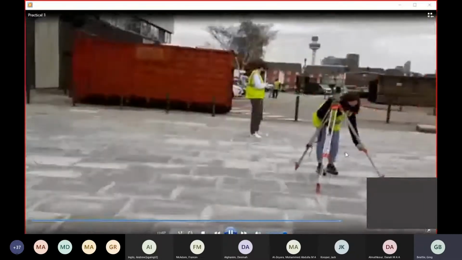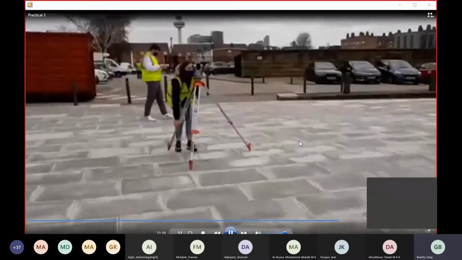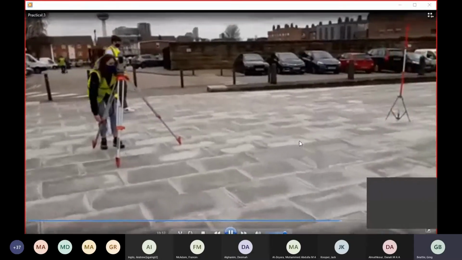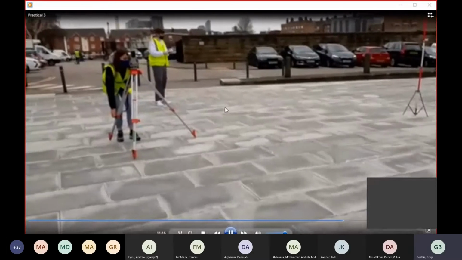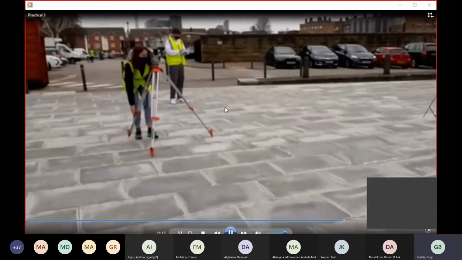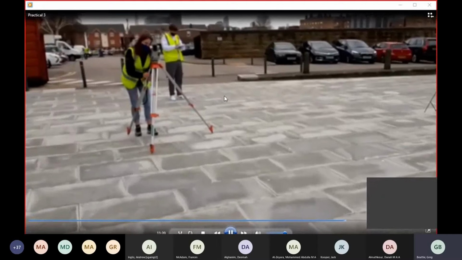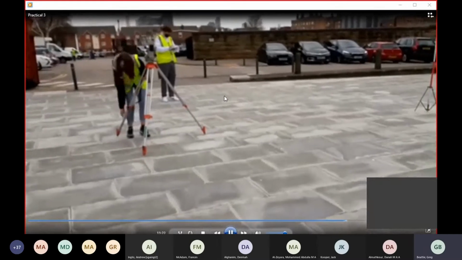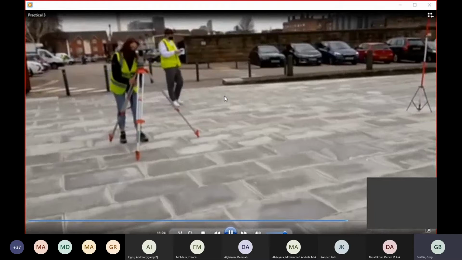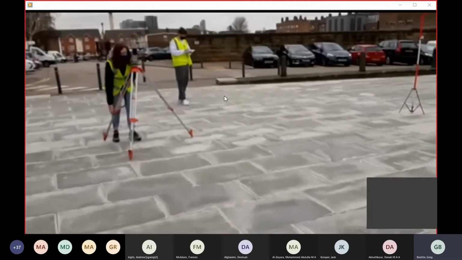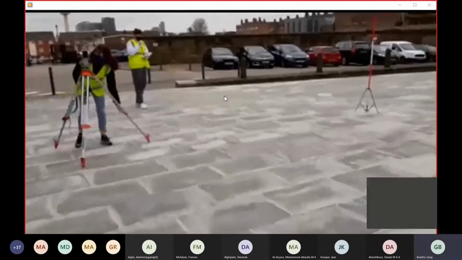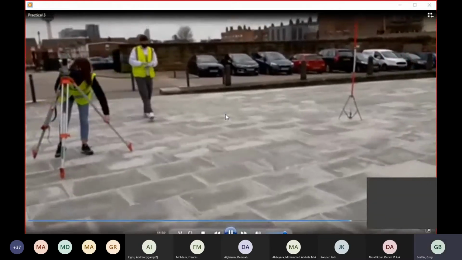Okay, so we're on the last station now, just setting up. Again, you'll see a pause in the video. We had a bit of trouble with the Fiodelite here. There are two bubbles on here, which I will show you. Both of them need to be precisely lined up to make sure that when we've got the 90-degree line, we are measuring horizontal.